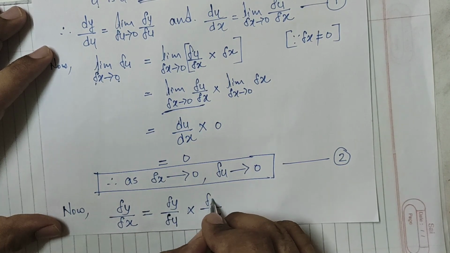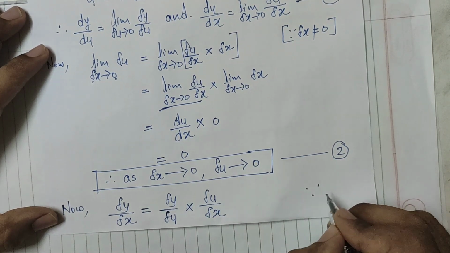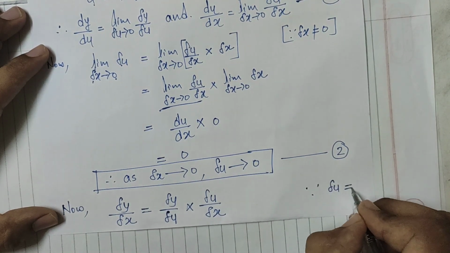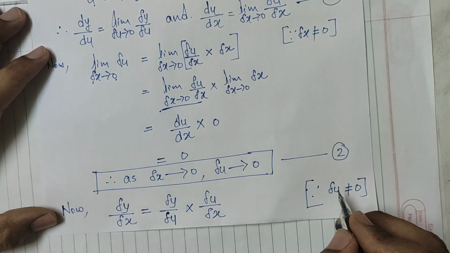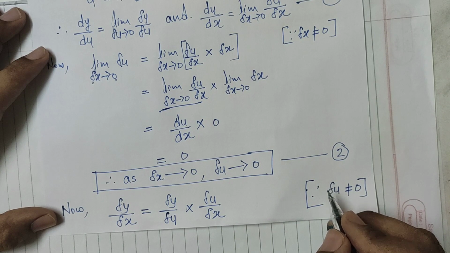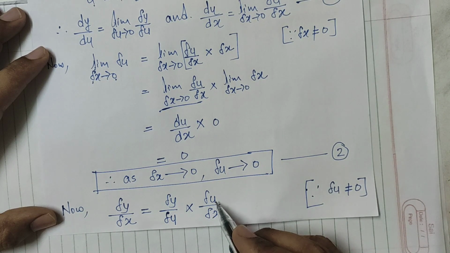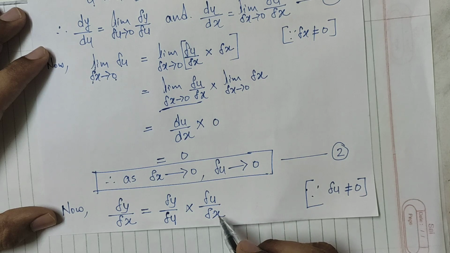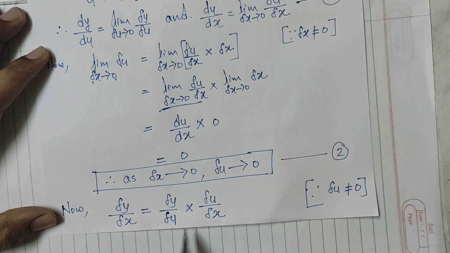Here multiply numerator and denominator by delta u, since delta u is a small increment and our aim is to prove dy upon dx is equal to dy upon du into du upon dx. But these are not in d form. D means derivative form.